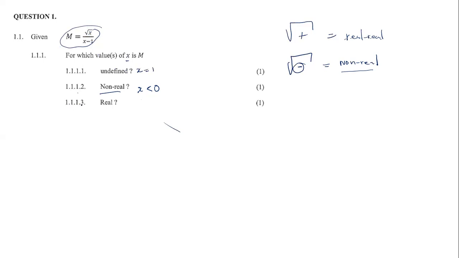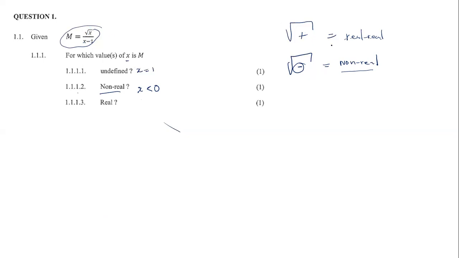Now, 1.1.3, it says, for which value or values of x is m now real? It's easy because I have already explained that when you plug anything that is positive under the root sign, it could have been real even if we substituted negative numbers, but because we have the root sign, this root sign will limit us.